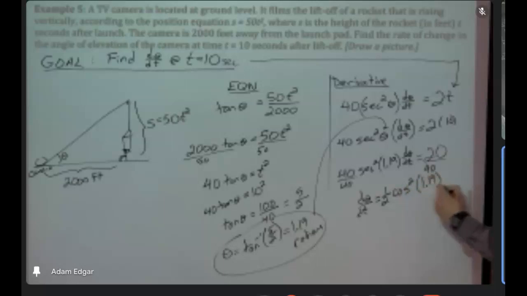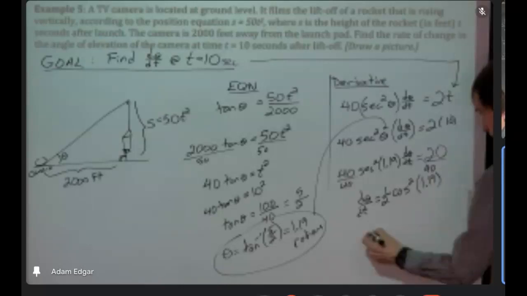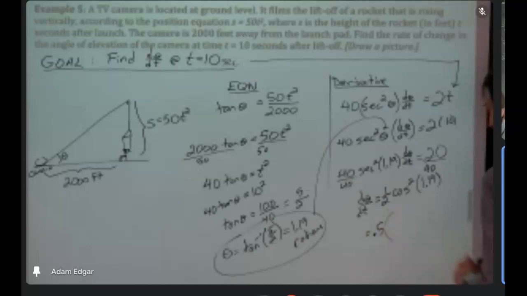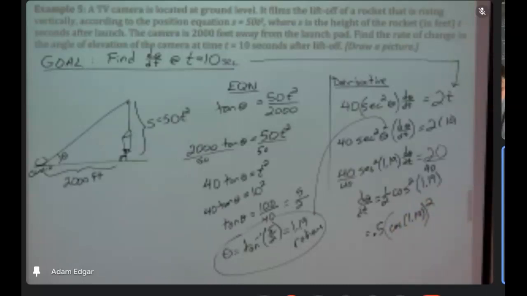And now you can look at your calculator and say, all right, I do have a cosine button. Now, the way you deal with a squared is you do cosine of 1.19, see what that is, and then square it. So what you might type into your calculator is 0.5 times cosine of 1.19 squared on the whole cosine function.